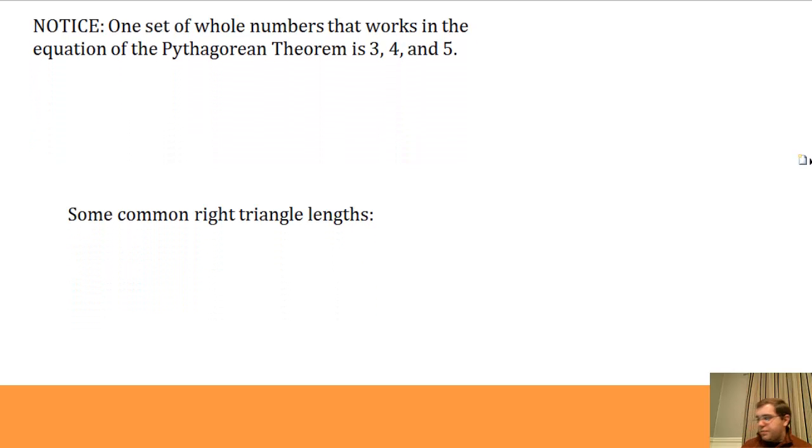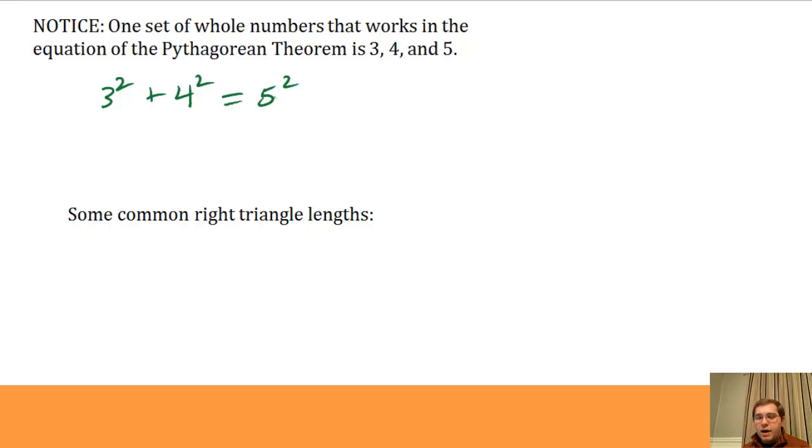Now the Pythagorean theorem is useful, but we can only apply it if we have a right triangle. And there are certain combinations of whole numbers, integers, that work in the Pythagorean theorem. For example, 3, 4, and 5 work if I take 3 squared plus 4 squared.